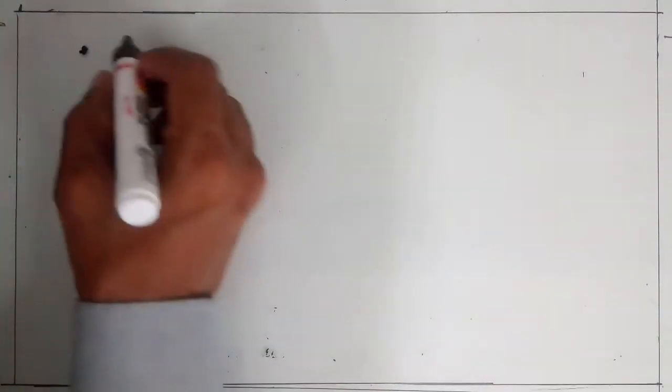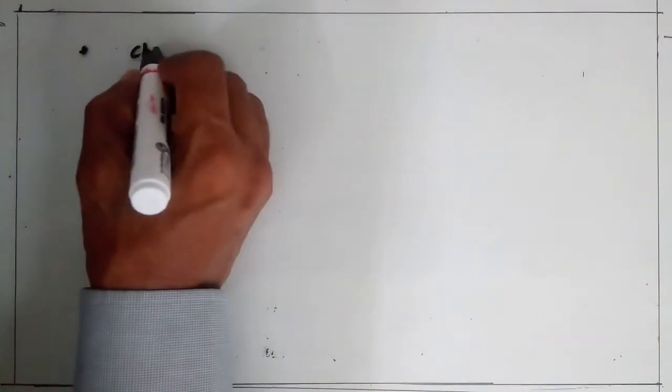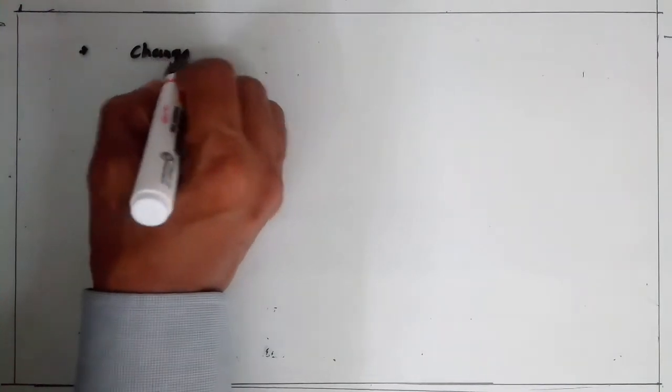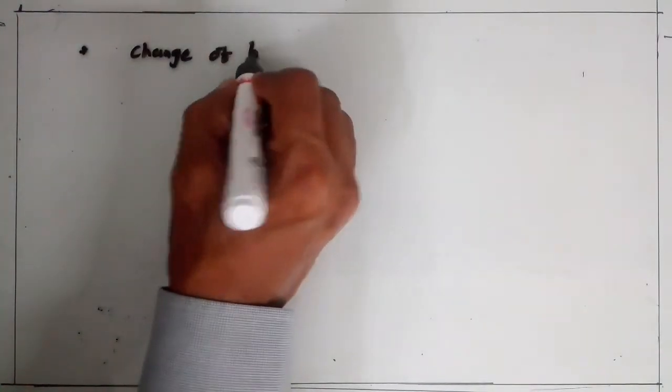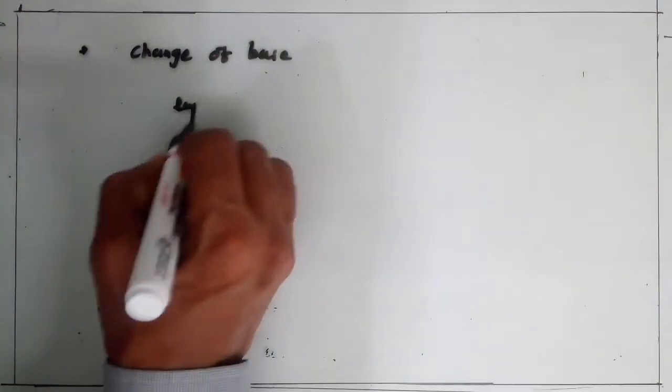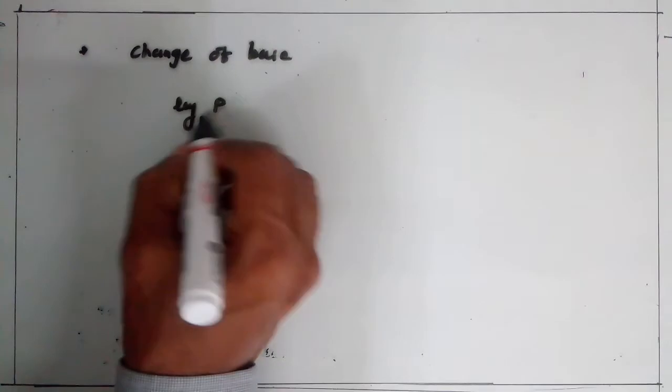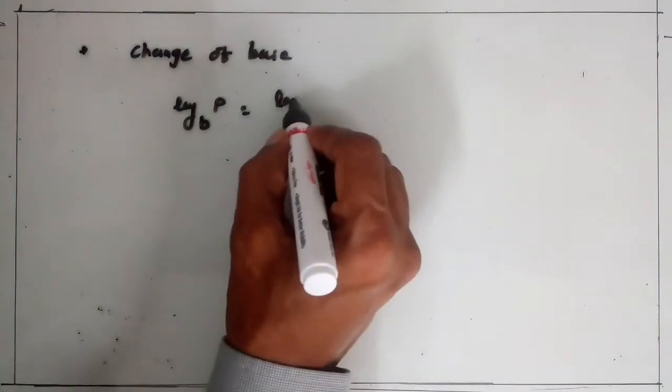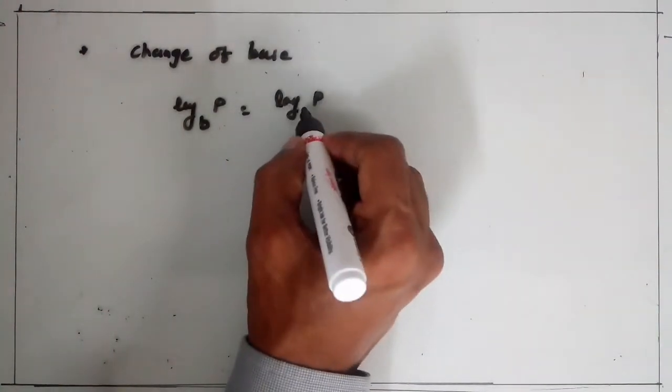Now we discuss the working rules of the logarithm function. Remember this, change of base: log p base b is equal to log p base a upon log b base a.